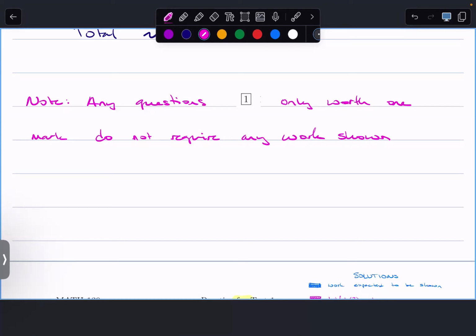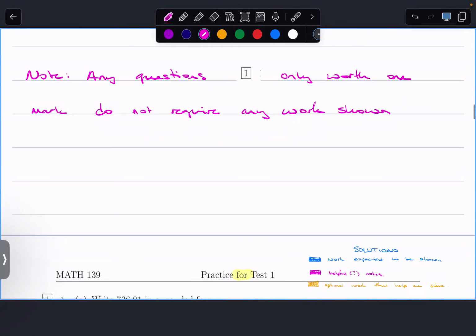Let's see here. That doesn't mean there's no work to be done. It's just you don't have to show work if you know how to do it. Questions worth 1 mark do not require any work shown. All others require work shown, obviously.